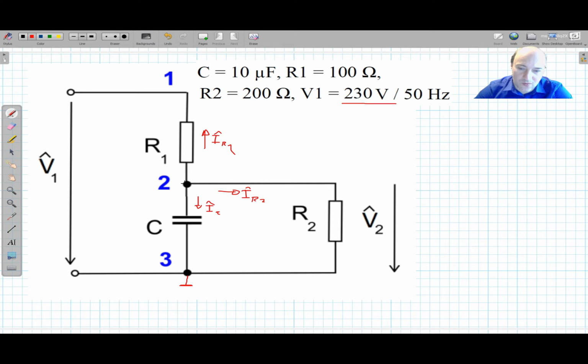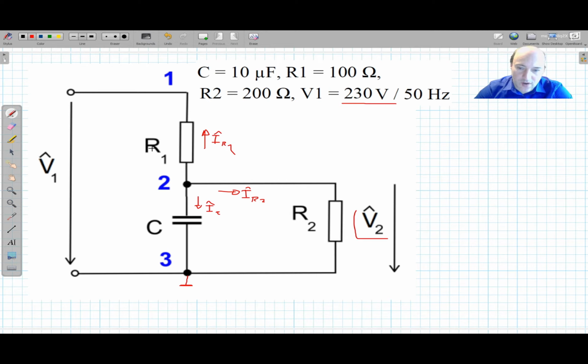Here on node number 2 we have our unknown voltage V2. I have defined that the current is going from V2 to V1, so this assumes that V2 is larger than V1. Obviously, this will be the current that at the end will have a negative sign.